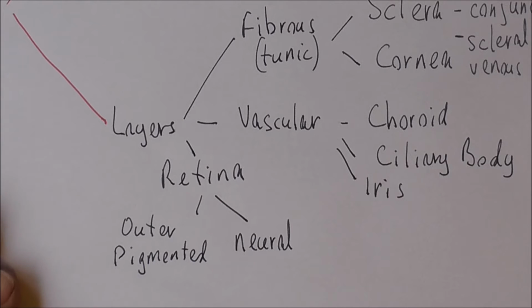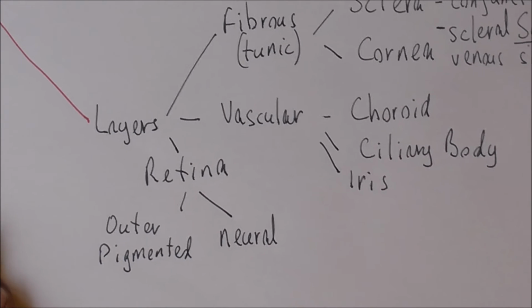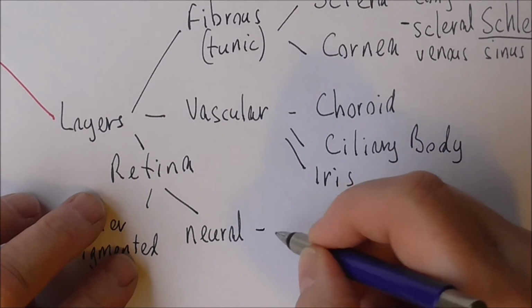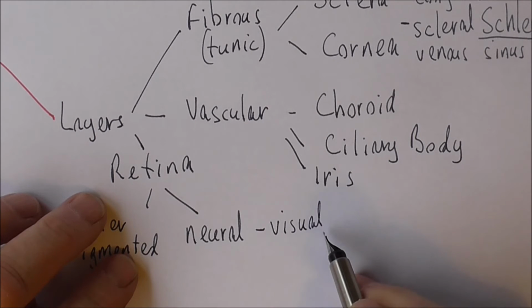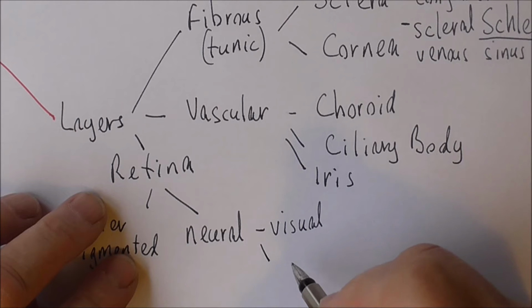And actually both layers of the retina, the outer pigmented and the neural layer, do go around that whole area. But we can subdivide the neural layer into the visual retina, sometimes called the optical retina. That contains the rod and the cone cells that actually generate the vision. And we can have a non-visual layer as well.